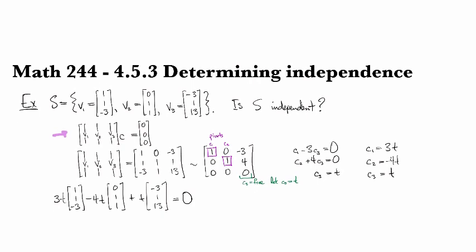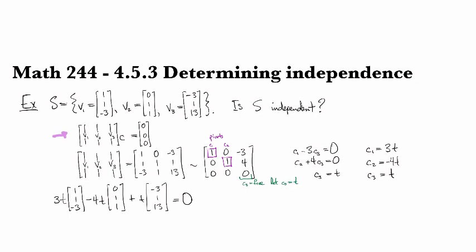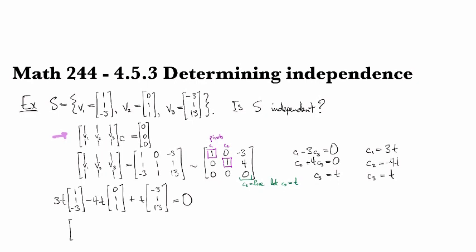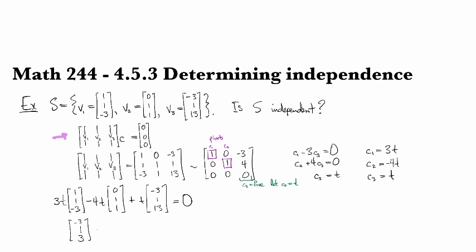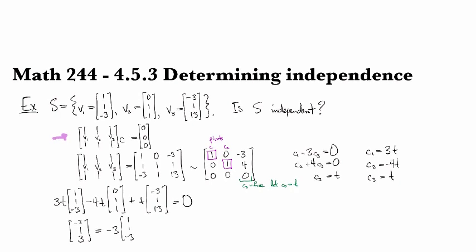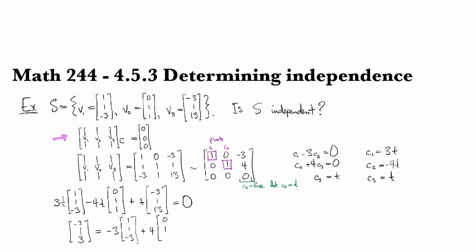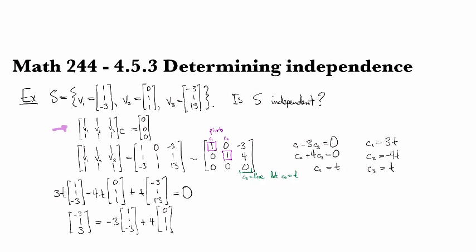If we take t to be 1, for instance, then this tells us that, for example, (-3, 1, 13) is equal to 3 times (1, 1, -3) minus 4 times (0, 1, 1). And so there we have a dependency relation.